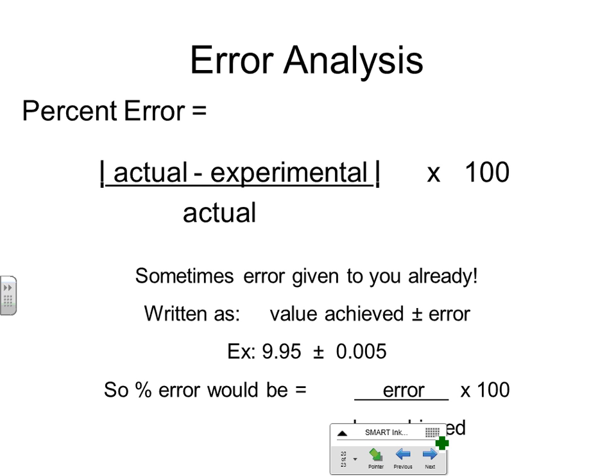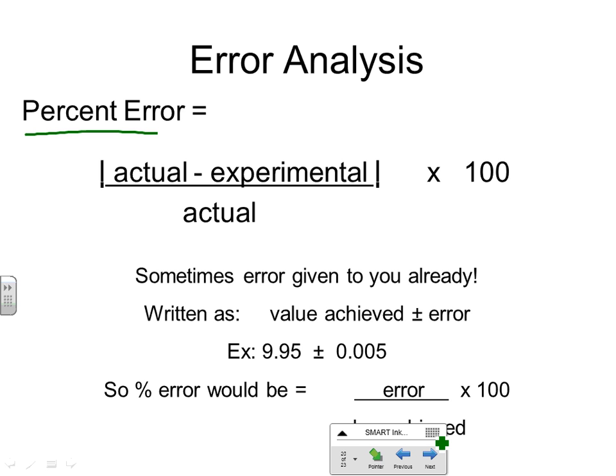And I will ask you numerous times to calculate percent error. And percent error is based on the fact that you know the actual measurement or the actual value, and the fact that you have done some experiment and that you know your experimental value. So usually we're not perfect and our experimental values are a little bit off and they're a little different than the actual values. So this is how you calculate percent error.